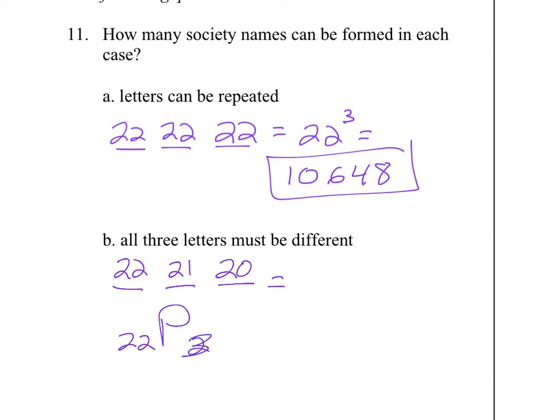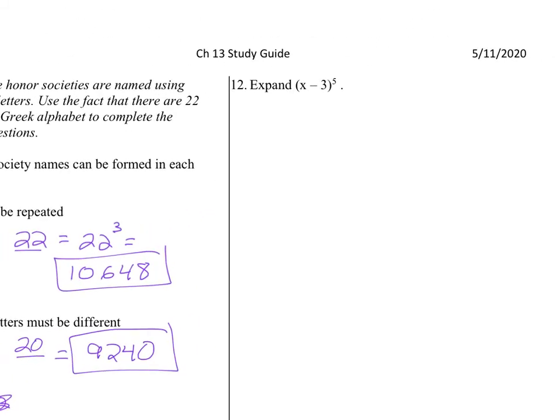Same calculation, as a matter of fact. 22 times 21 times 20 is 9,240, if they can't be repeated. But we know they can, because there are things like kappa delta kappa that have one letter repeated.